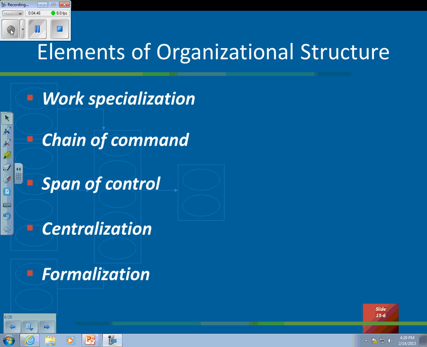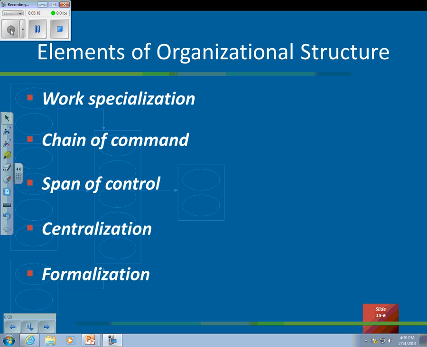The last element of organizational structure is what we call formalization. Formalization refers to the number of rules and procedures. We have organizations like the military, like the Postal Service, like many of our government bureaucracies, large, older companies that have a prescribed way of doing their business, and there are a number of rules and procedures that must be followed.